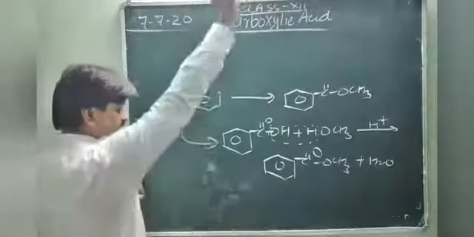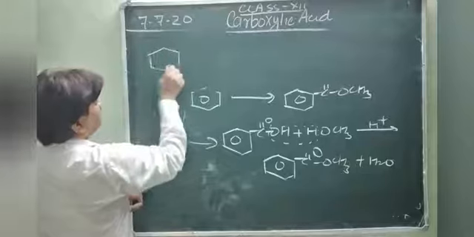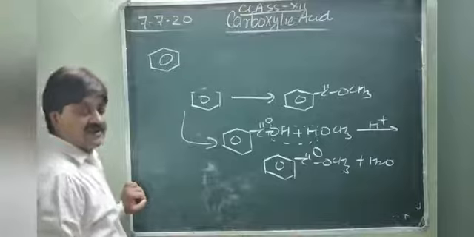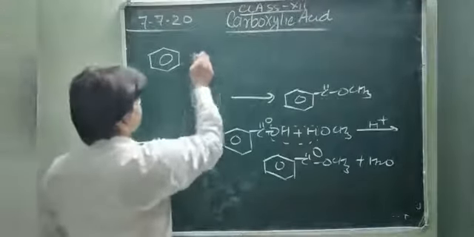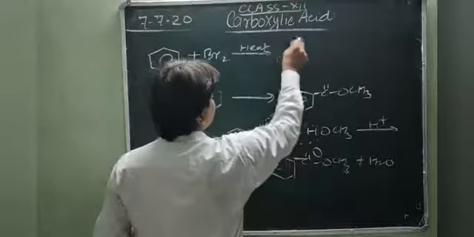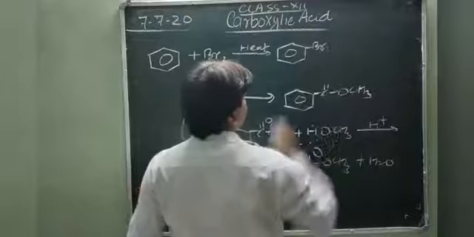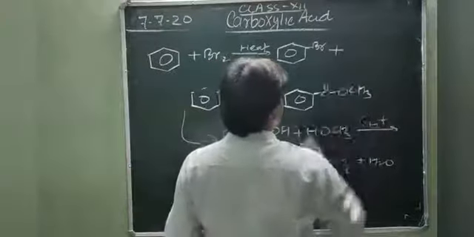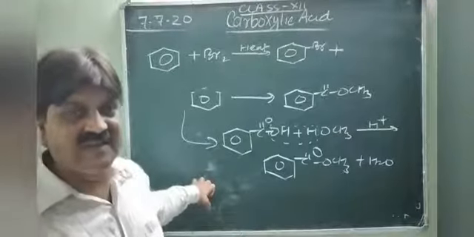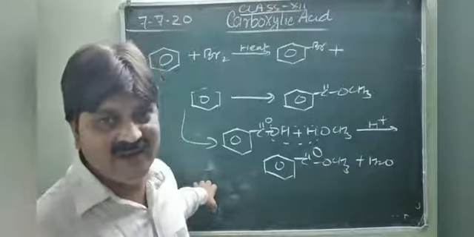First of all, benzene is treated with bromine, Br2, with heat, forming bromobenzene. Then, you know that carboxylic acid is formed when carbon dioxide reacts with the Grignard reagent, followed by hydrolysis.